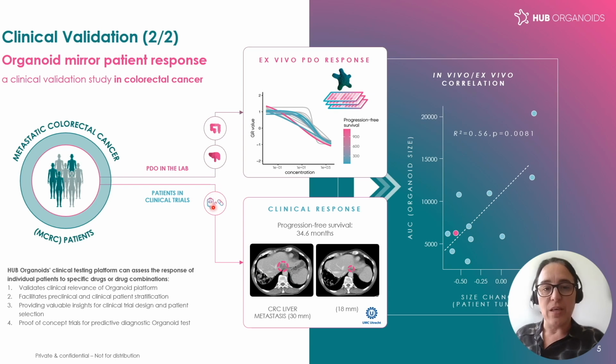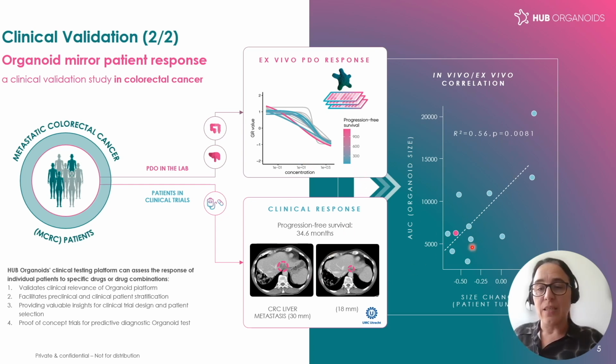The patients, after the isolation of the biopsy, start receiving treatment in the clinic for a period of months. In parallel, when we get the biopsy, we establish the organoid cultures and we run the sensitivity of the organoids to the specific treatments, the standard of care now in metastatic colorectal cancer.